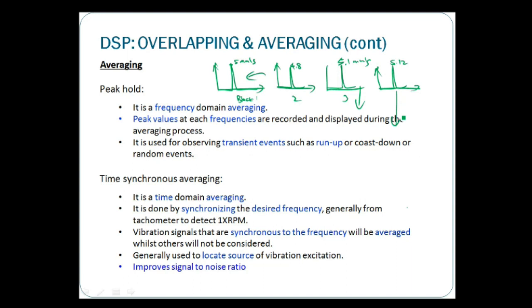So if you have a transient run up event, it will only keep the maximum level of the frequency components, the amplitude components.